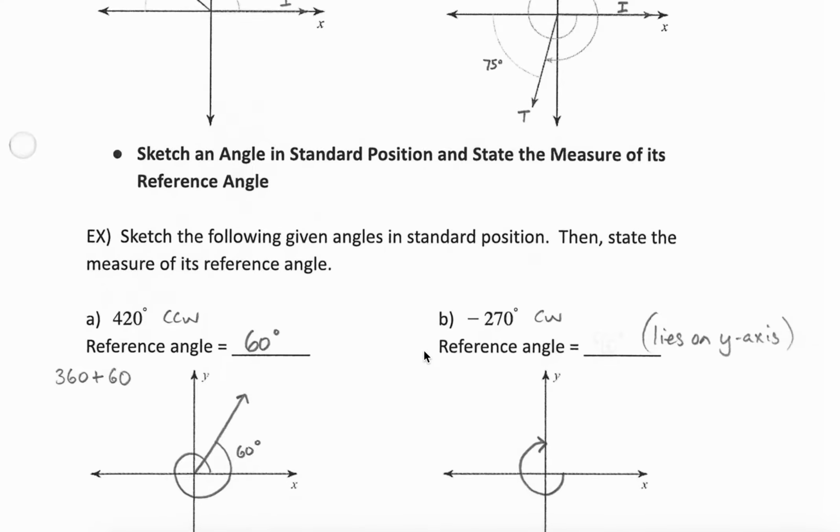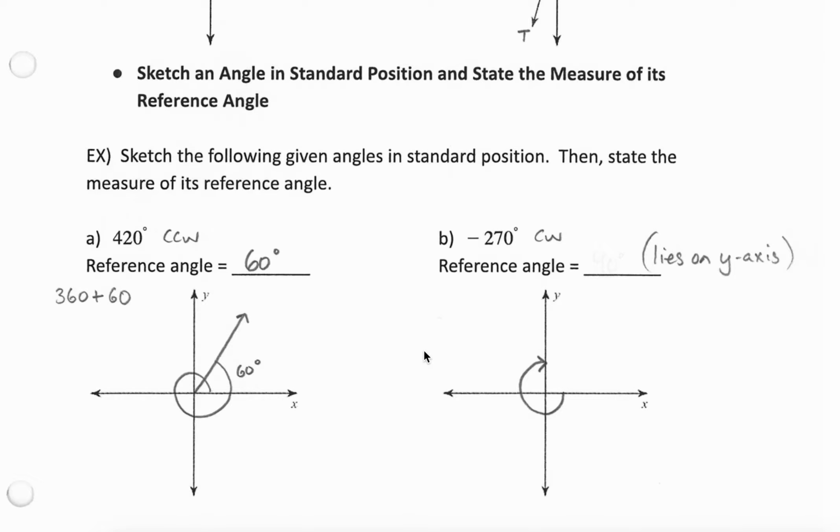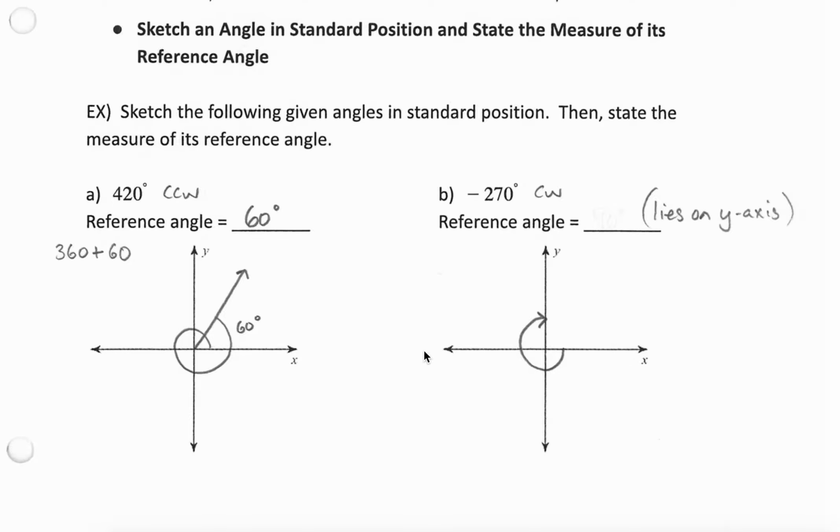This time we're going to go backwards from what we just did. Given the angle measure, let's sketch it out and state the reference angle. So 420 degrees is a full rotation, 360 plus another extra 60 degrees. It's a positive measurement, so we're going to open up counterclockwise.